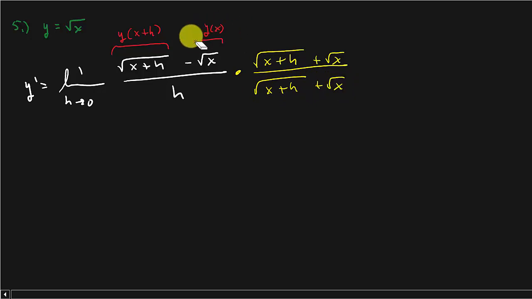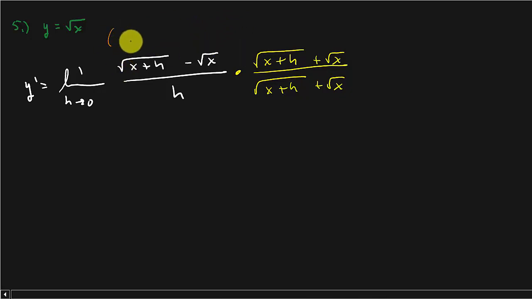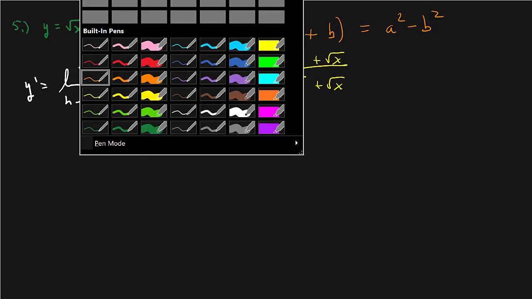And the one thing that I want you to understand here is this part right here. This is like a minus b times a plus b, right? And that's equal to what? A squared minus b squared. You see that? And you can see in our problem, a is the square root of x plus h, and b is the square root of x.